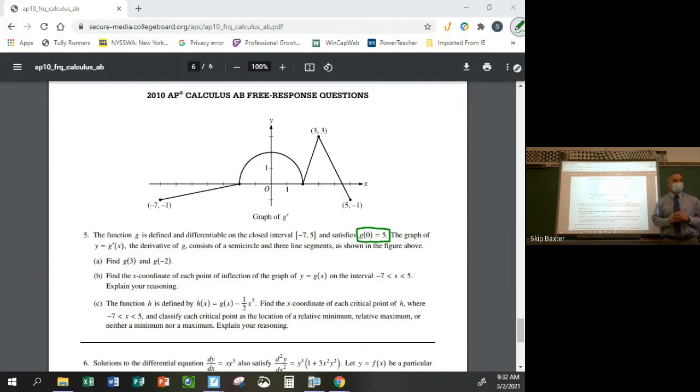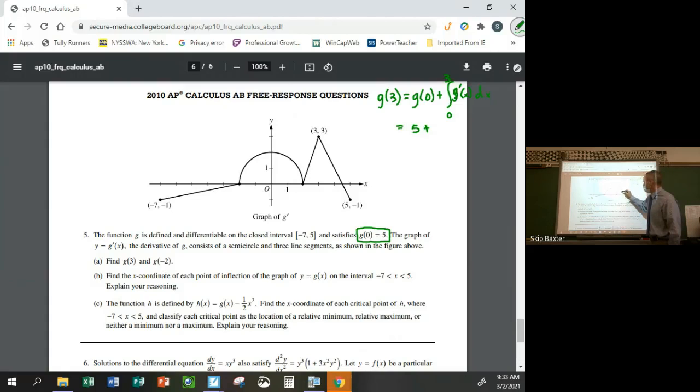What you would do, FTC part 1. So G of 3 is just G of 0 plus the integral from 0 to 3 of G prime of x dx. Right? So this is G of 0, which is 5, plus the integral from 0 to 3 of G prime.